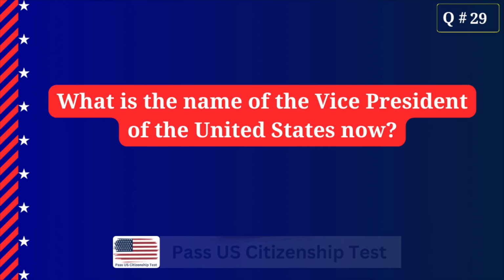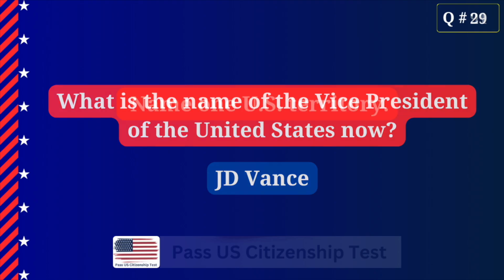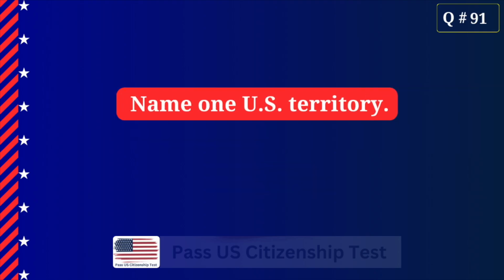What is the name of the Vice President of the United States now? J.D. Vance. Name one U.S. territory. Guam.